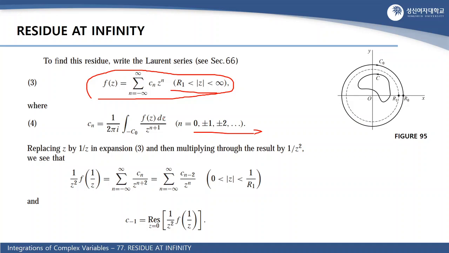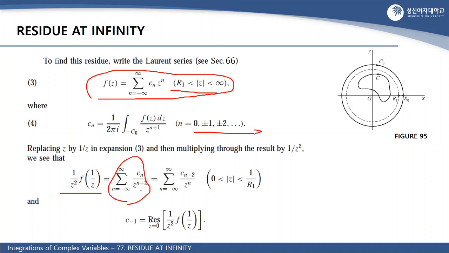Then we replace z here by 1 over z and multiply through the result by 1 over z squared. Then we get 1 over z squared times f of 1 over z equal to the summation, n from negative infinity to infinity, of Cn divided by z to the n plus 2.